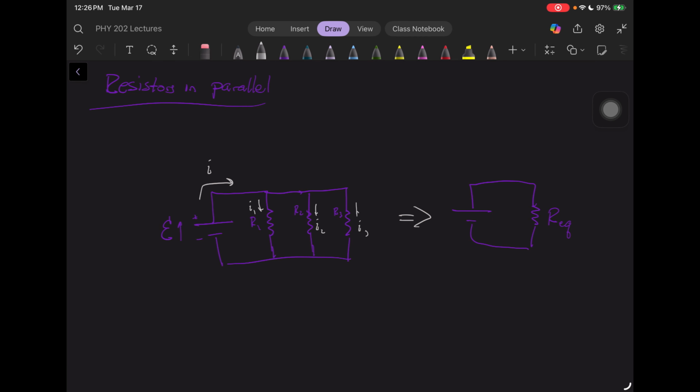Well, if this is I1 and that's I2, and this is I3, then what goes through this leg has to be the sum of I2 and I3. And so we'll call this I2 plus I3. And then right here we just have I3. Down here it's also just I3. Here again, we have I2 and I3 coming in. So I2 plus I3.